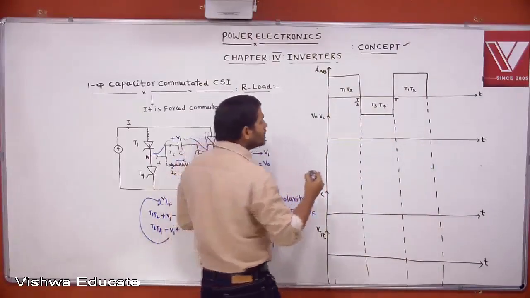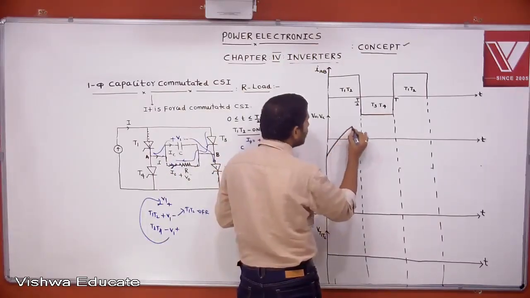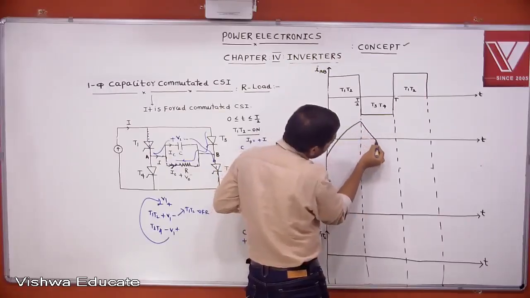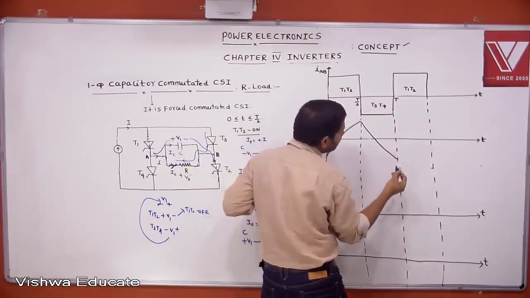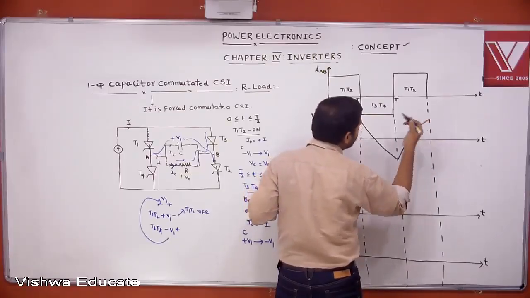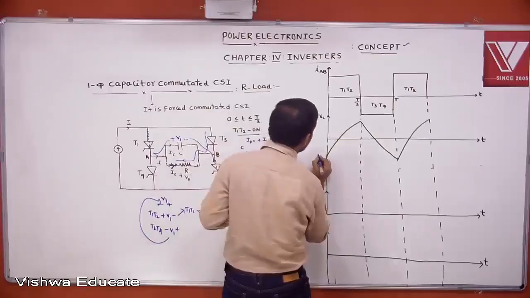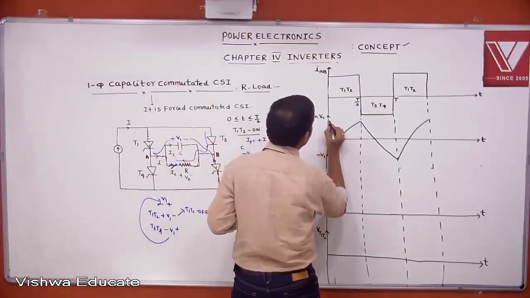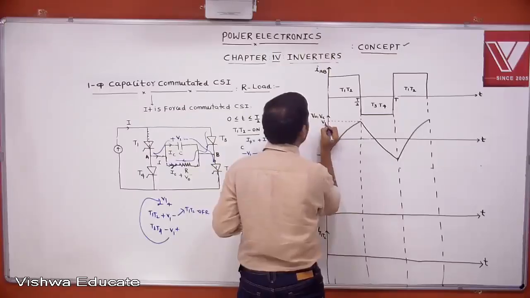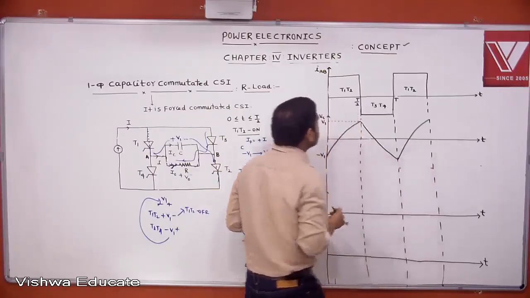It is charging from minus V1 to plus V1, again from plus V1 to minus V1, and again from minus V1 to plus V1. This is capacitor voltage, minus V1 to plus V1, again plus V1 to minus V1.